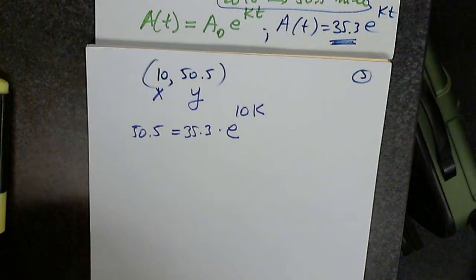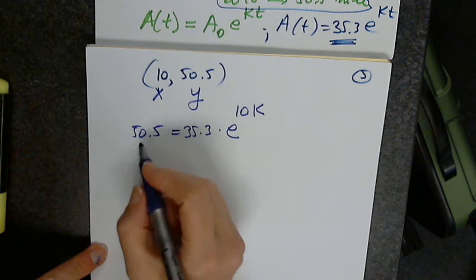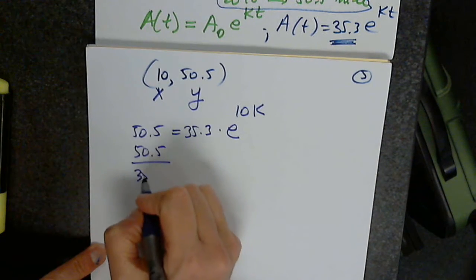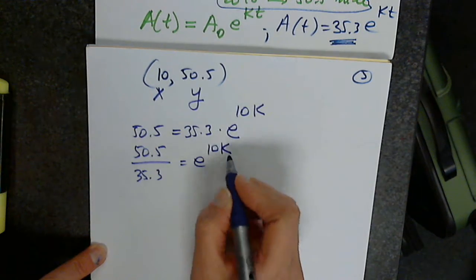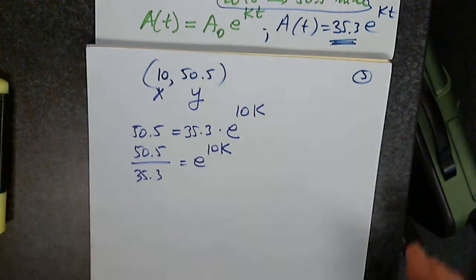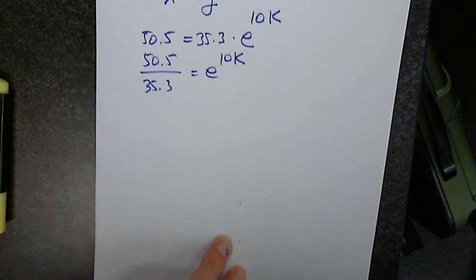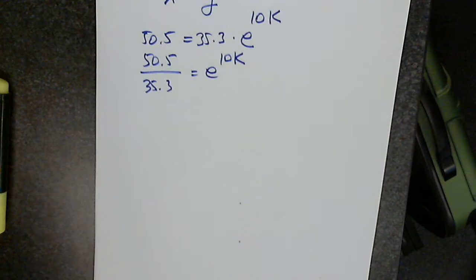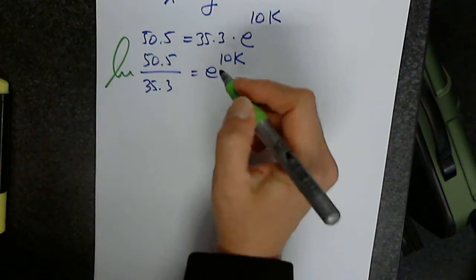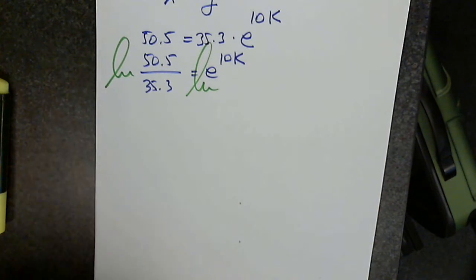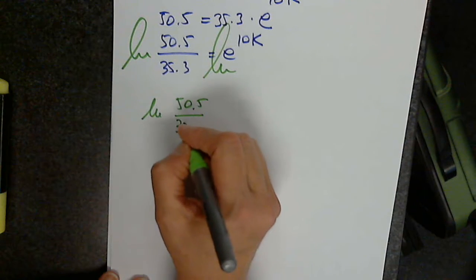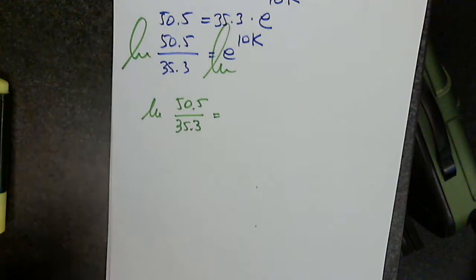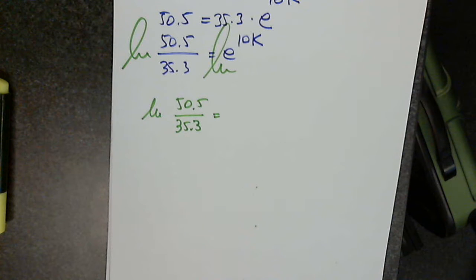First step, I have to clean it up. So 50.5 divided by 35.3 equals e to 10k. Only now can I apply natural log, and I will. So natural log on this side and natural log on this side. The left-hand side, keep it as is, natural log of 50.5 over 35.3. But what will you write on the right-hand side?